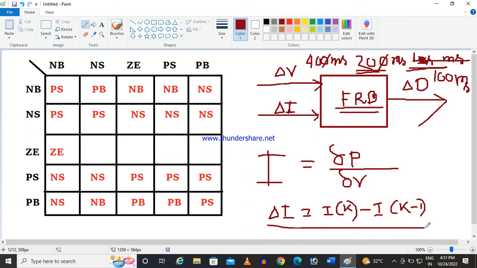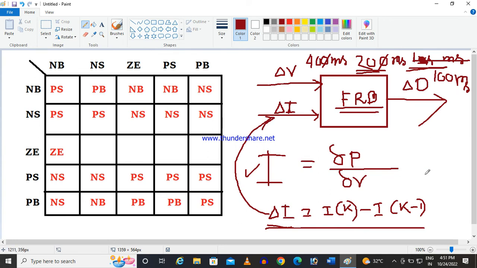Then present power minus previous power, which is del P. Similarly, present voltage minus my past voltage, which is del V. You divide these two, you will get a variable called I. For that I, again I will be taking the del I, that means the present minus previous. This del I is another fuzzy variable.